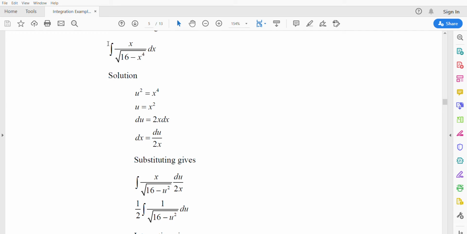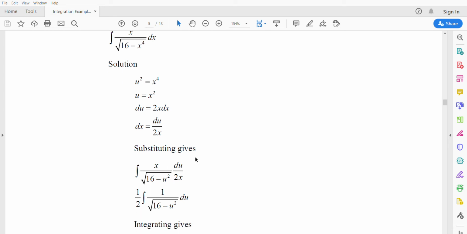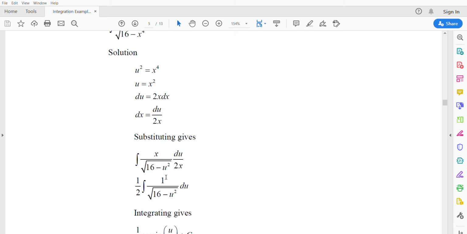Now when I do my substitution, this gives me the integral of x over the square root of 16 minus u squared times du over 2x. The x's cancel, and the over 2 becomes a 1/2 times the integral of 1 over the square root of 16 minus u squared du.